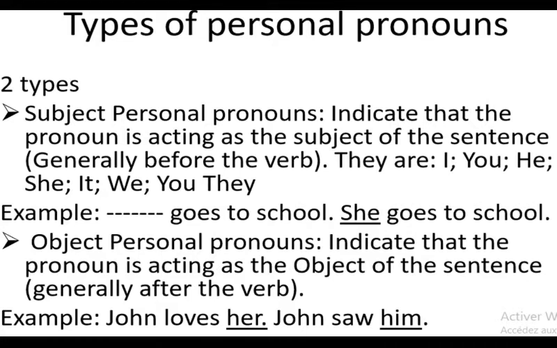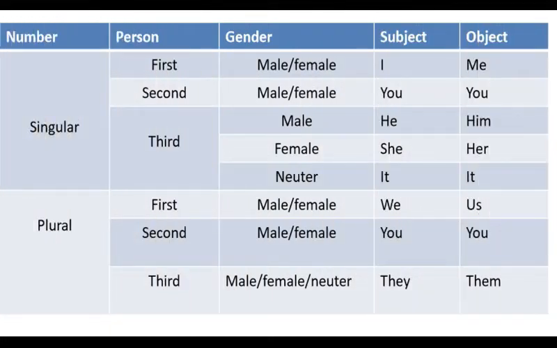So here's a table that illustrates the different personal pronouns. As you can see, we have singular personal pronouns and plural personal pronouns, as it is for the other pronouns that we're going to see later.